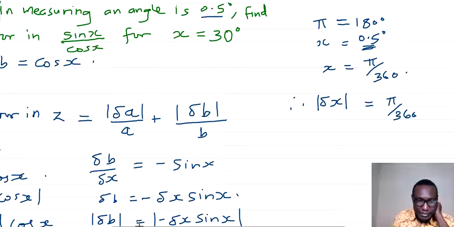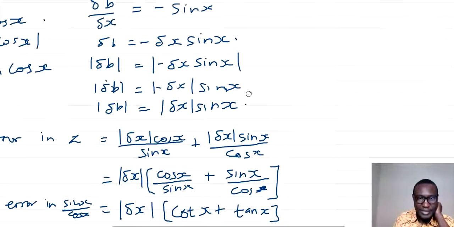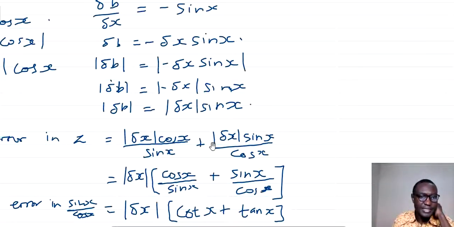So we substitute it here, in this equation, to get the maximum possible error when we have the error in measuring the angle as 0.5 degrees and x, the angle itself, being 30 degrees.